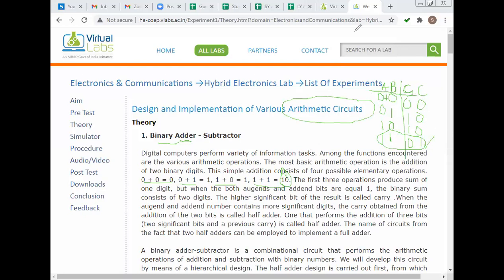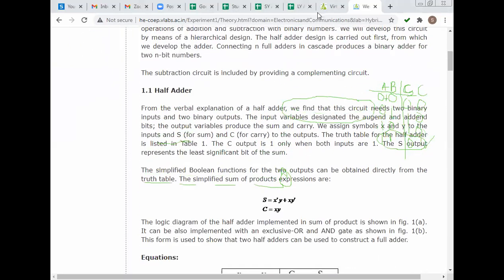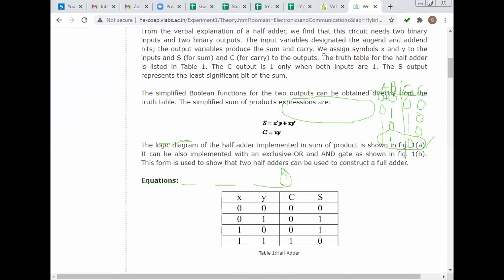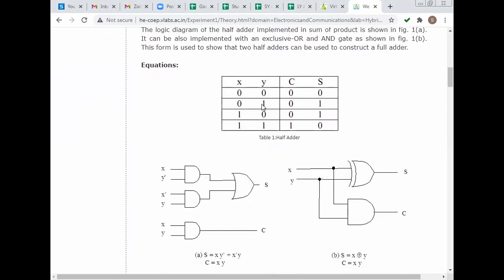Next point, half adder. Okay, so what is meant by half adder? Anyone familiar with half adder? Half adder means similar to addition. Here two inputs are there, and also two outputs, one is the sum and the other is the carry.